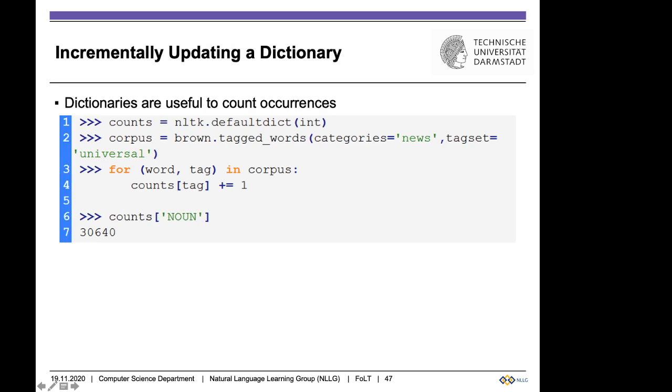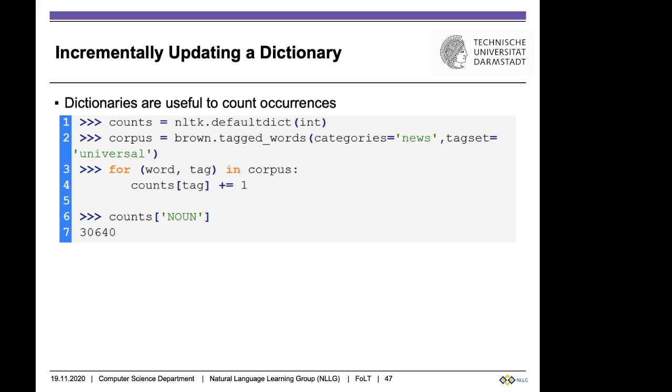Now let's see how we incrementally update elements in dictionaries. For example, we want to get counts for every single part of speech tag in a given corpus. To do so, we will load all the words and the tags in the corpus.